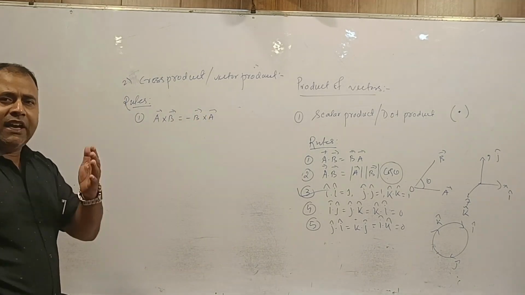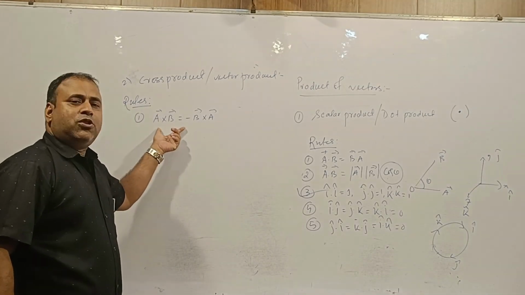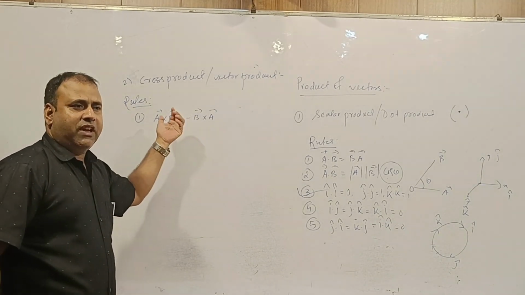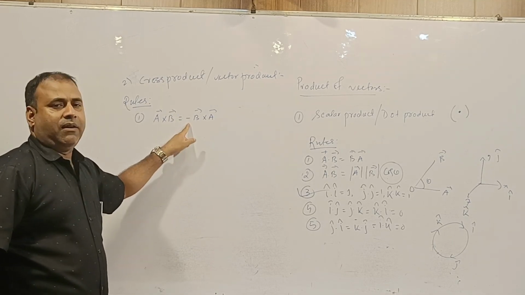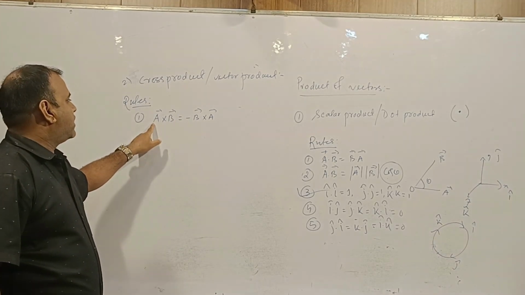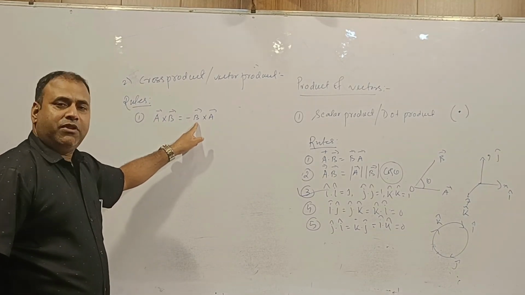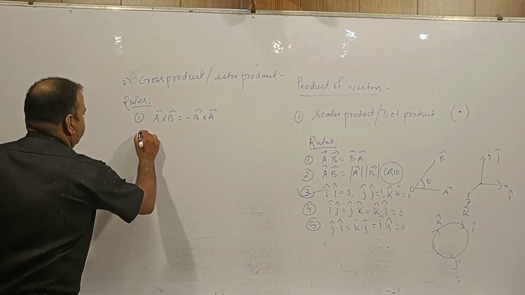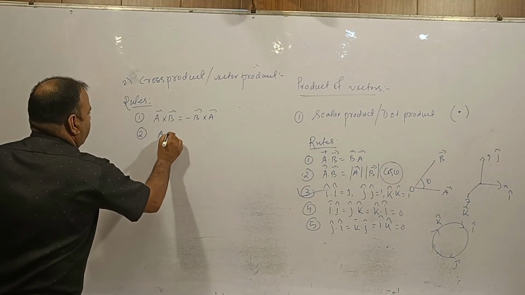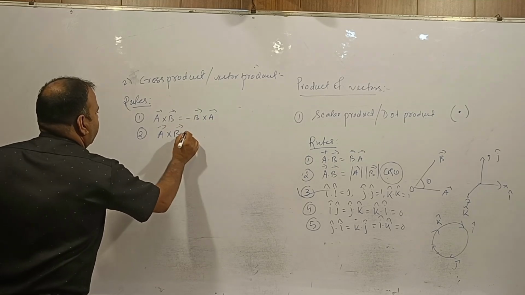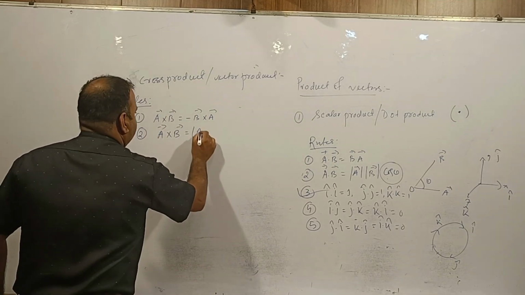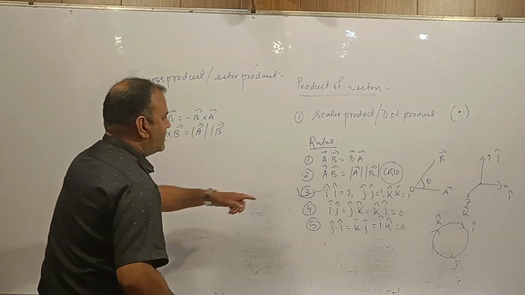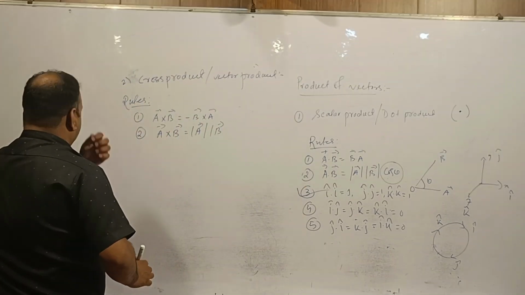Now see, I told you that in case of vector product or cross product, when you change the position of any vector, minus sign will come. So initially A position is first, but I have written B position first, that is why negative sign will come. Number 2, A cross B will be mod A, mod B, as similar you can see in case of scalar product.